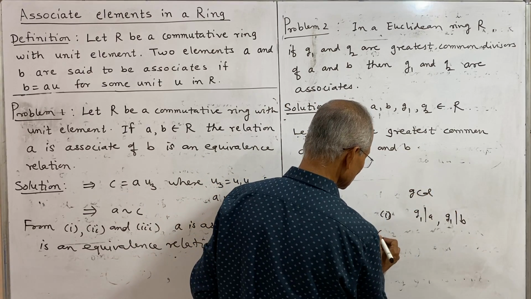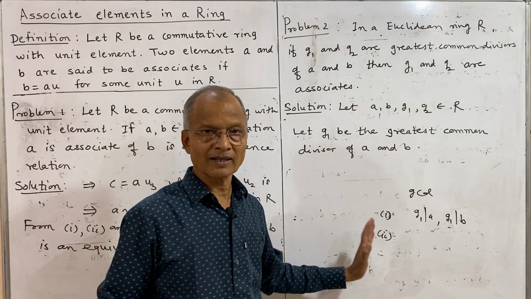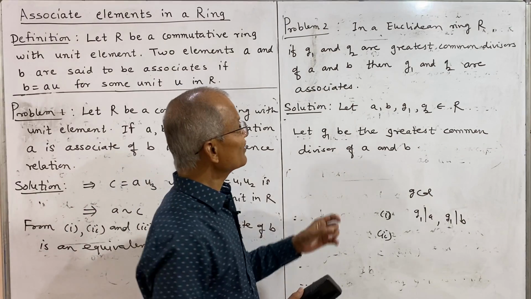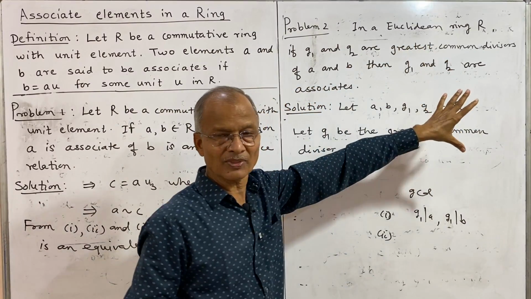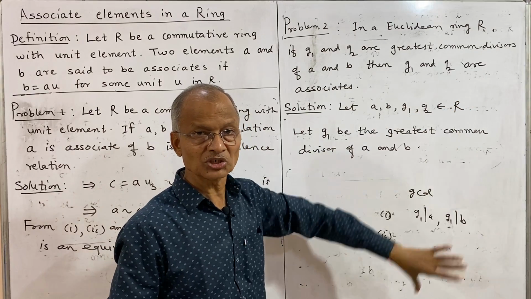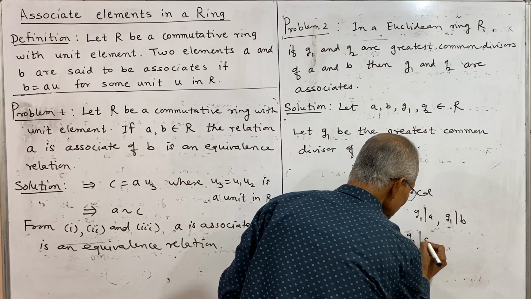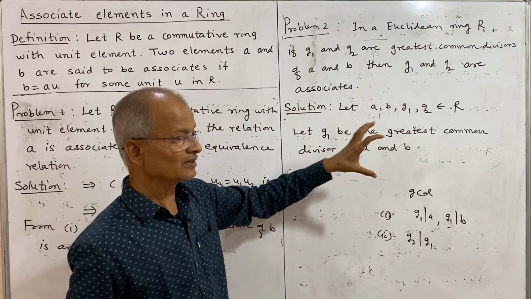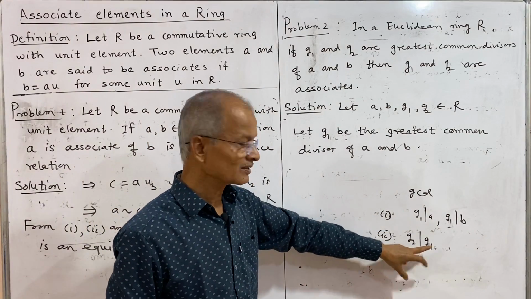There are two conditions. If there is any other common divisor, then that common divisor divides the greatest common divisor. Now G2 is a greatest common divisor, which means it is a common divisor. So taking G2 as a common divisor, and G1 as the greatest common divisor, G2 divides G1.